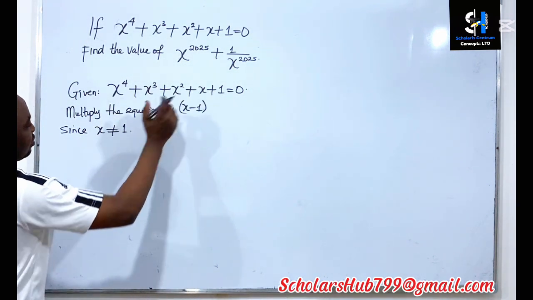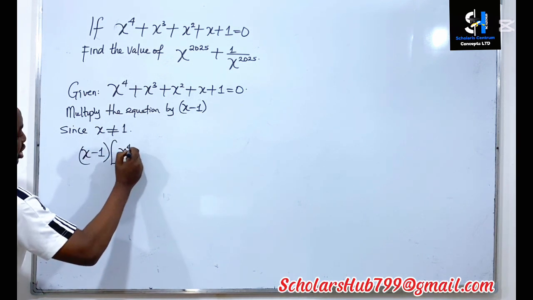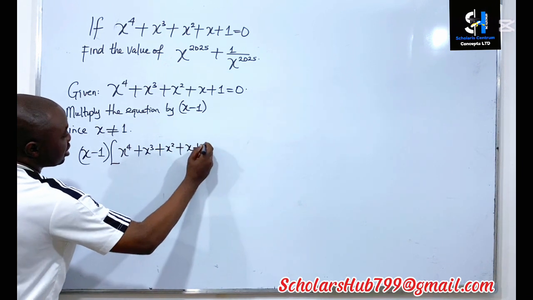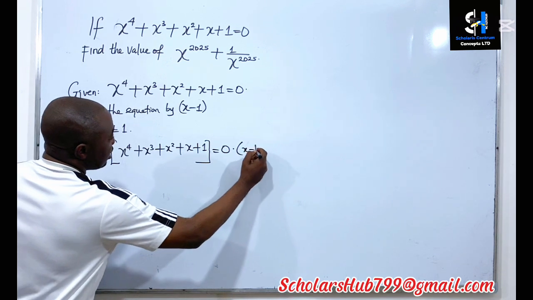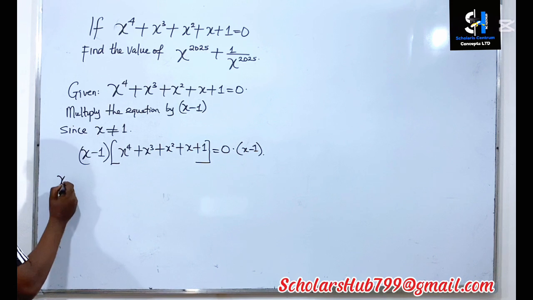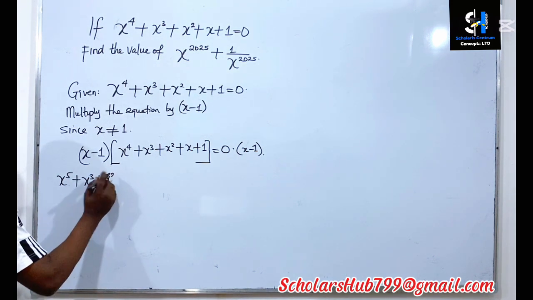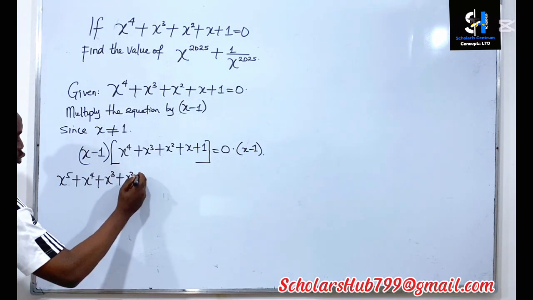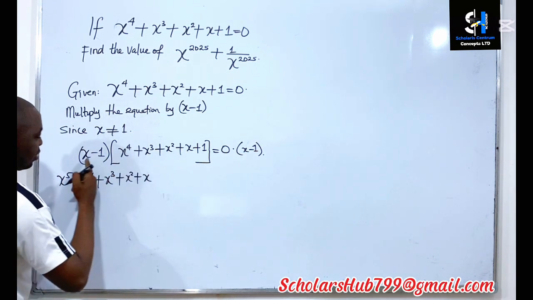Let's see what this will simplify to. So we have x minus 1 multiplied by x to the power of 4 plus x cubed plus x squared plus x plus 1 equals 0 times x minus 1. If you distribute this, we're going to have x to the power of 5, x to the power of 4, x cubed, x squared, plus x, that is when we multiply the whole of this by x.